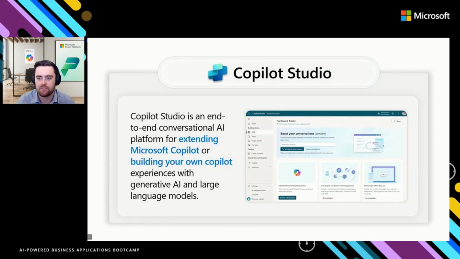And this is where we come to Copilot Studio. It's the way to customize and extend these different Copilot experiences, to ensure that you're actually serving the unique needs of every business as well. We want to make sure that your Copilots are showing up in the applications that your employees are using every day.